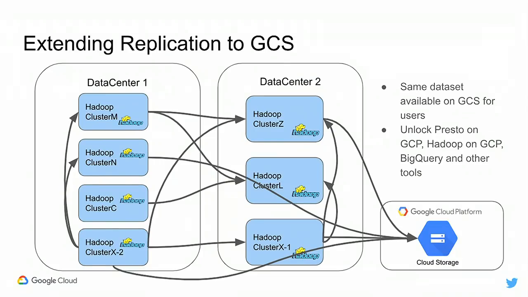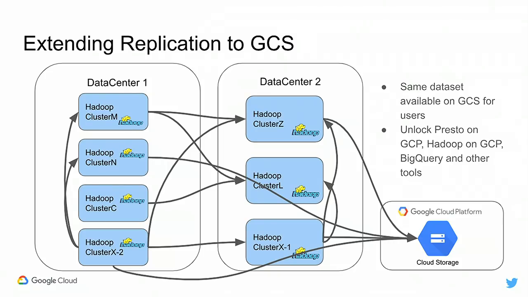So when we decided to migrate some of our workload to GCP to unlock new features on GCP, we started looking at what data needs to be replicated to GCP. And just like the previous configuration, this was even more complicated.